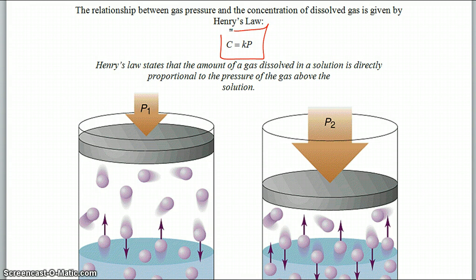In this equation, the C variable is the solubility of the gas, in moles divided by liters. The value K is a constant, and that varies with what the substance is and what the temperature is. And P is the partial pressure of the gas in atmospheres.